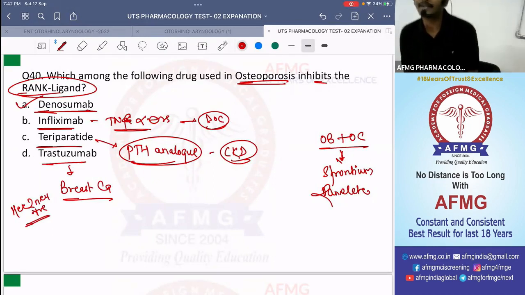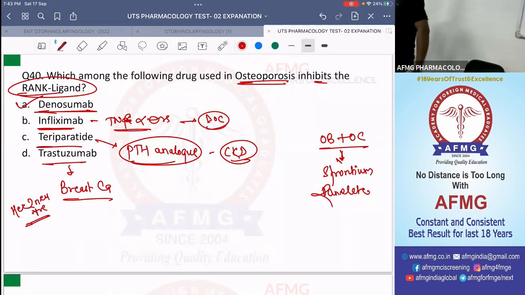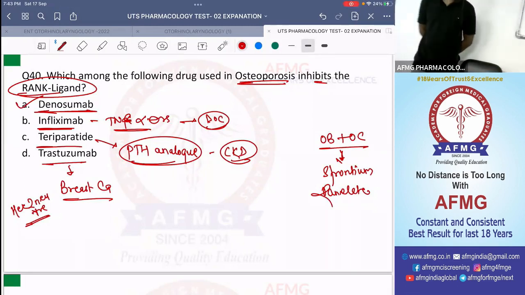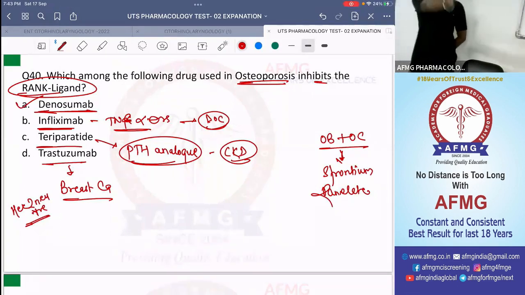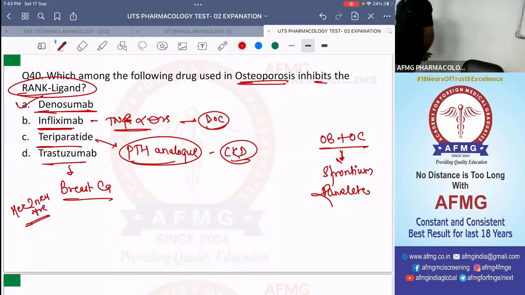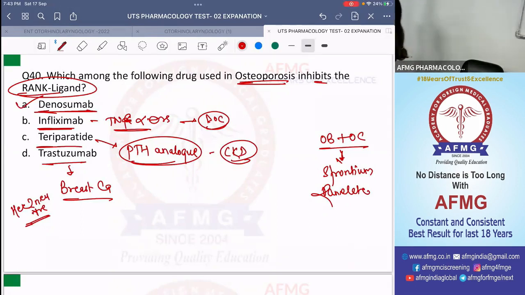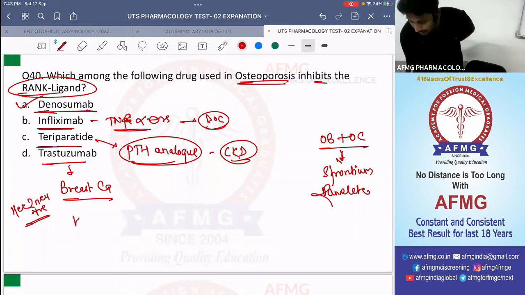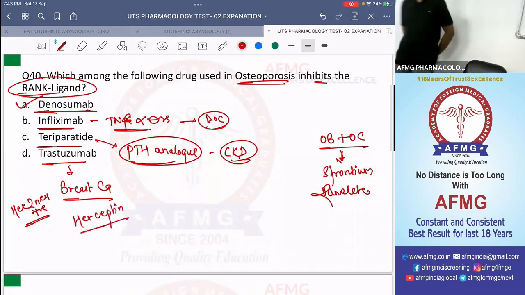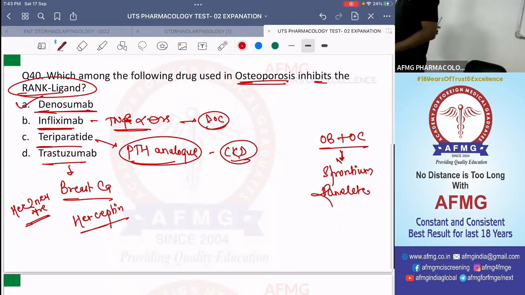Over there we can give drugs like selective estrogen receptor modulators like tamoxifen or raloxifene, and this is given in younger patients. Elderly patients may be given aromatase inhibitor drugs like anastrozole या letrozole. And अगर वो HER2 positive है then definitely we will give trastuzumab, or the second drug that is given, anybody? Herceptin. ठीक है, कोई दिक्कत नहीं है इसमें.